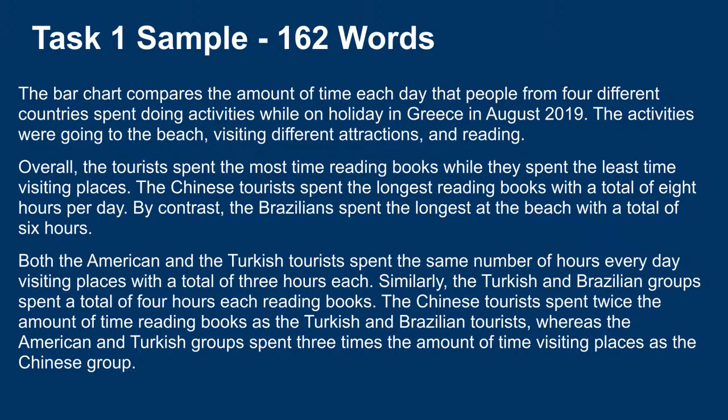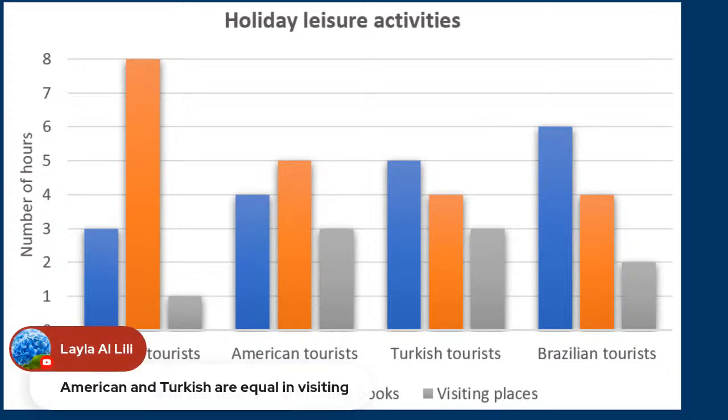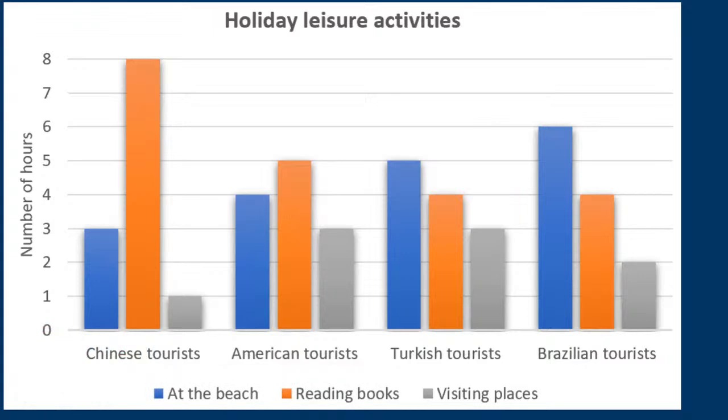Okay, talking about the data. Both the American and the Turkish tourists spent the same number of hours every day visiting places with a total of 3 hours each. So for visiting places, American and Turkish, and Layla said that here, American Turkish equal in visiting. So there you go.